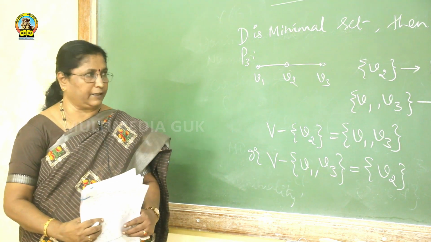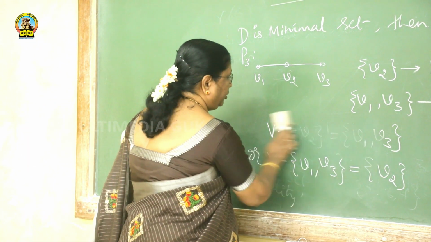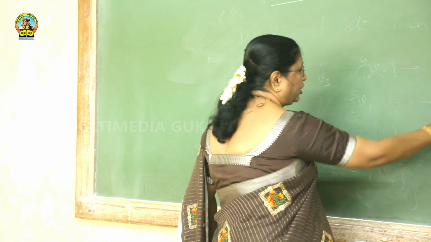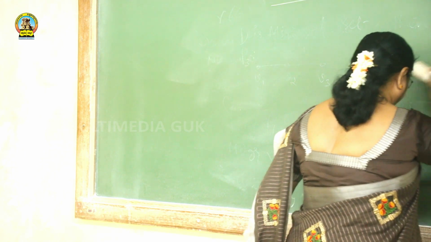Now, for some of the important graphs, we can calculate what is the domination number.